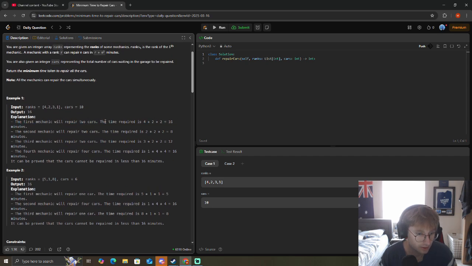Fast mechanic repaired 2 cars. It can be that cars cannot be repaired in less than 16 minutes.